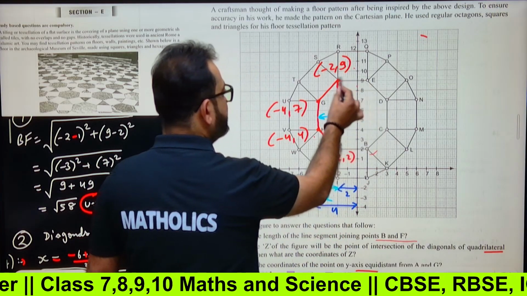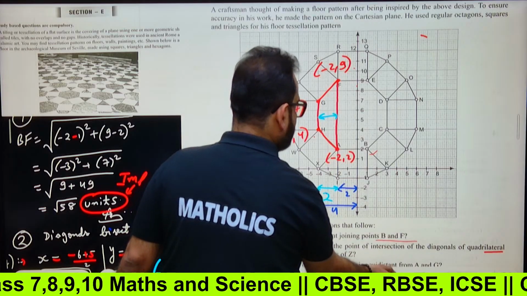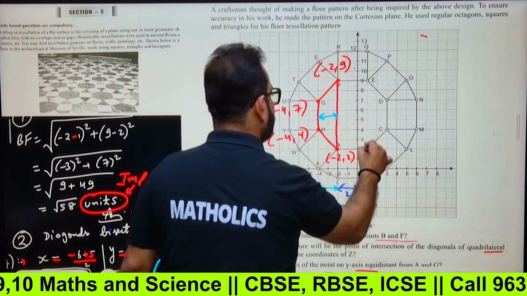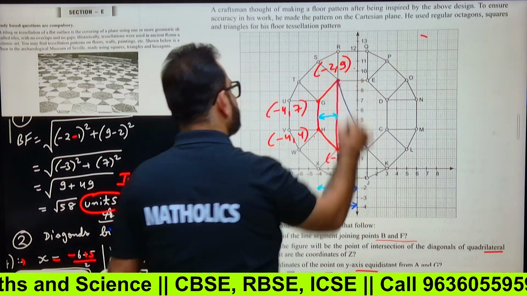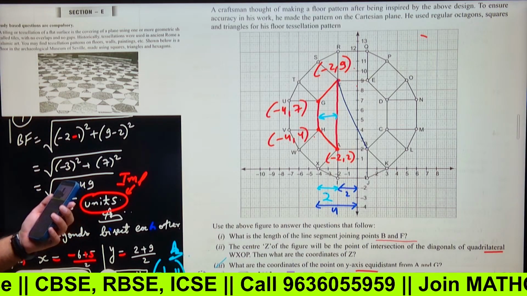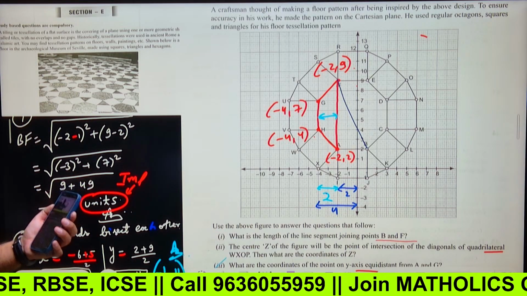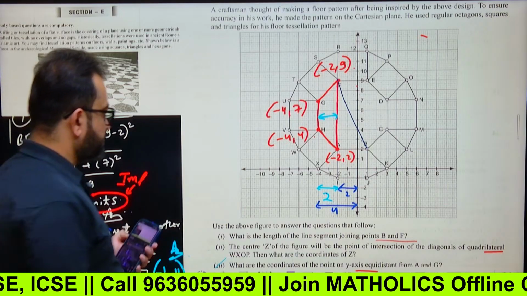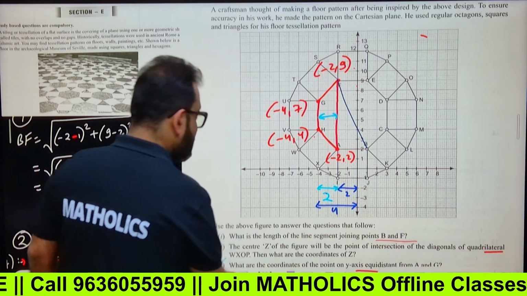A, B, C, D, E, F. This one. B to F. First you have to find the coordinates of B and F. So what are the coordinates of B?